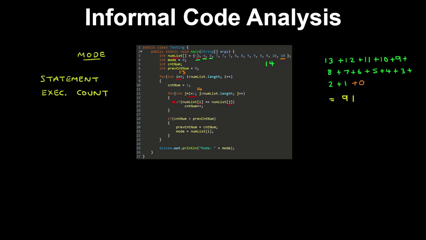Now in the general case, given a list of n numbers, in the first iteration we have n minus 1 comparisons, and in the next iteration we have n minus 2 comparisons, and so on until we get to 2 and 1 comparison.